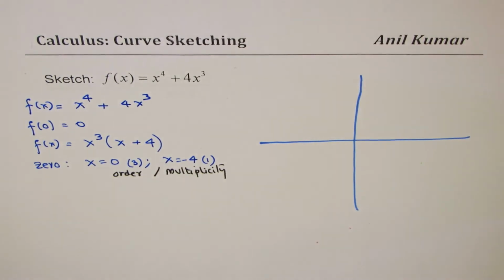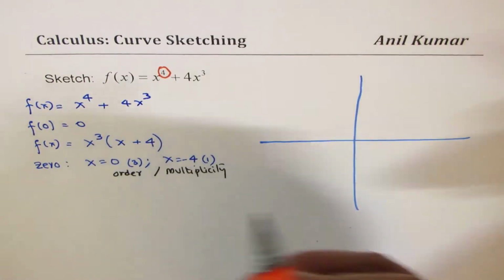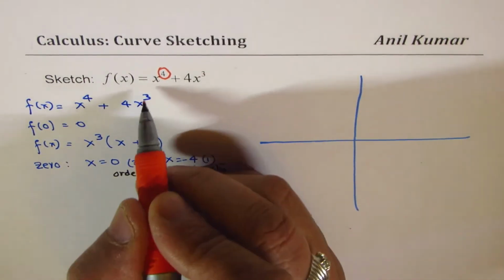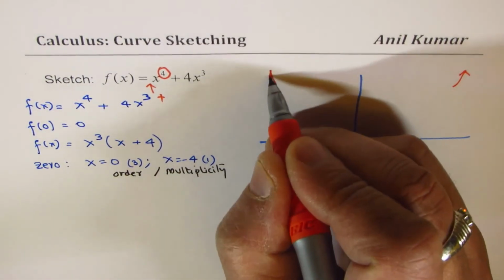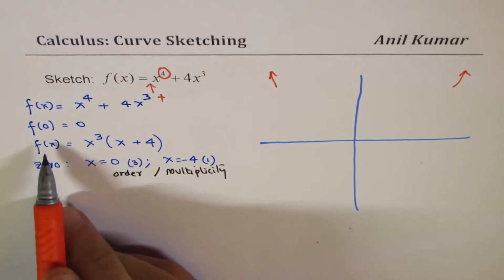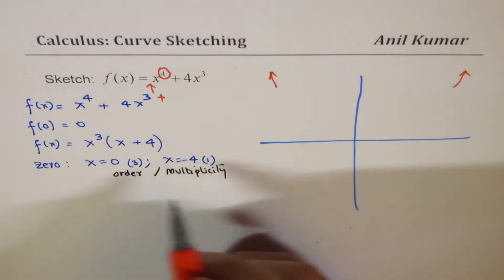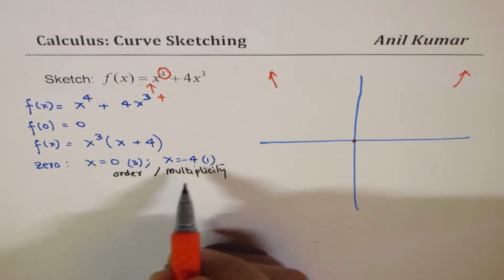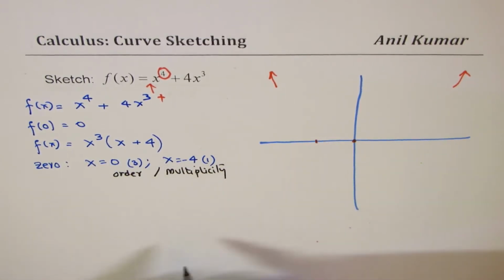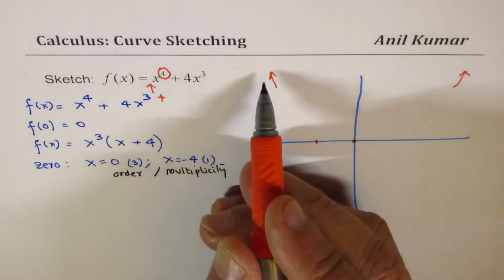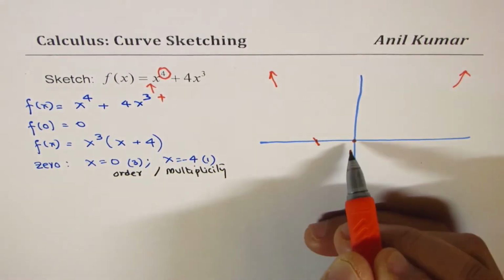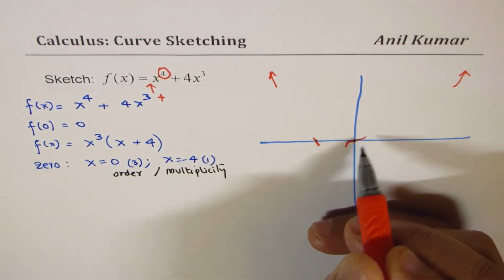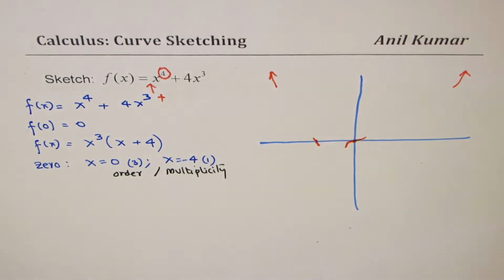What we saw here was that the degree is 4, so both ends go the same side, and the leading coefficient is positive, so both facing up. Now we have a 0 at 0 and a 0 at minus 4. Let's say this is minus 4. Coming from this side, at minus 4 it is linear, and at 0 it is cubic.